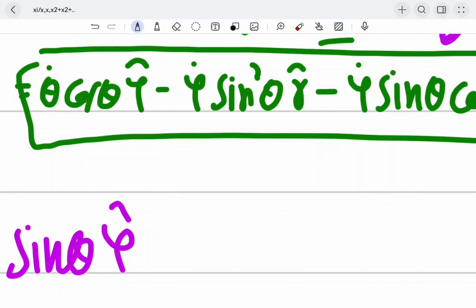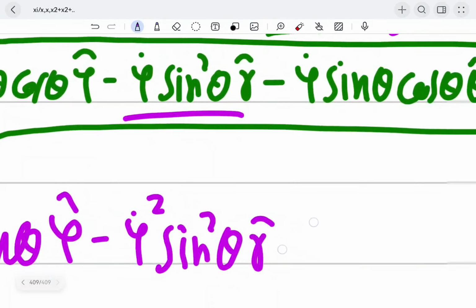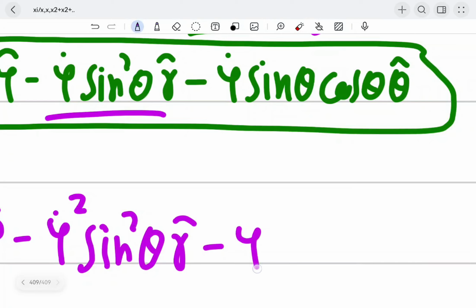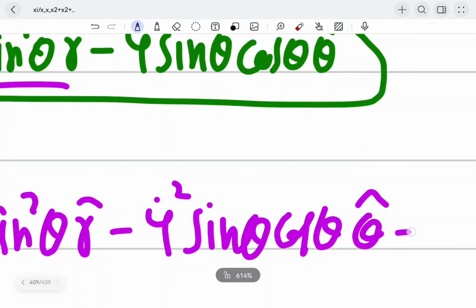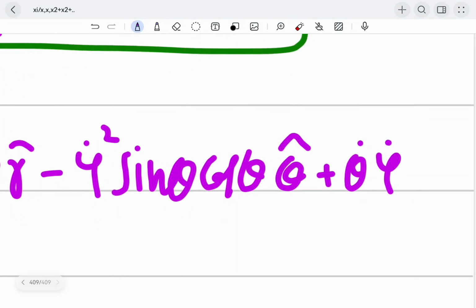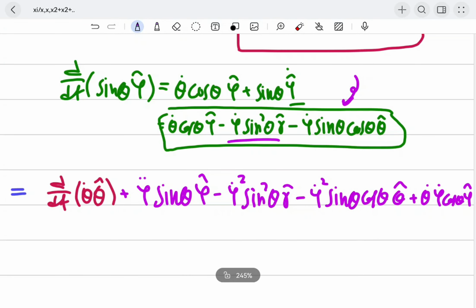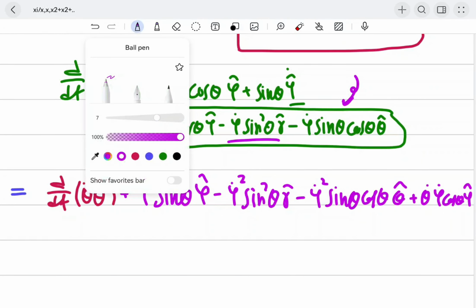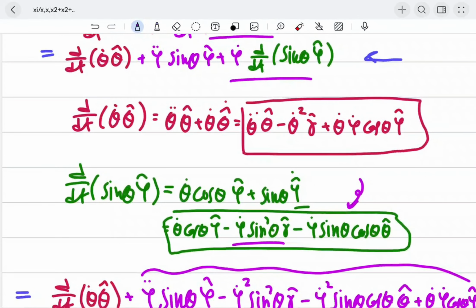Then I will write it like this: minus phi dot square sine square theta r hat for the r component, minus phi dot square sine theta cosine theta theta hat plus theta dot phi dot cosine theta phi hat. So this thing will be added to the red component.